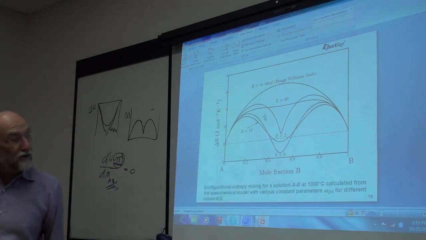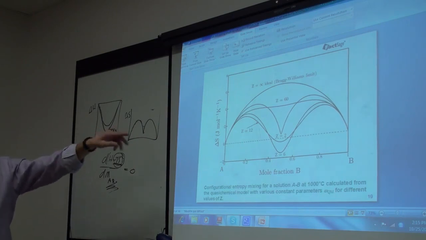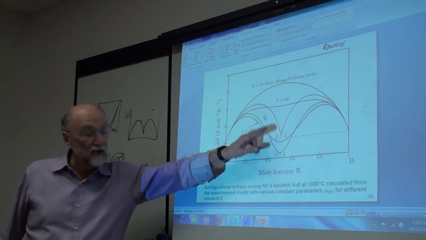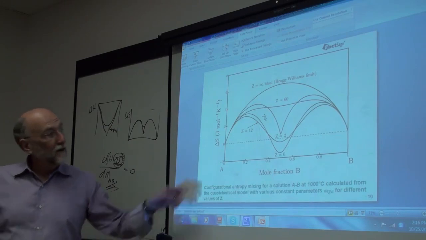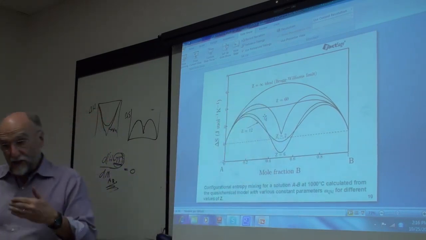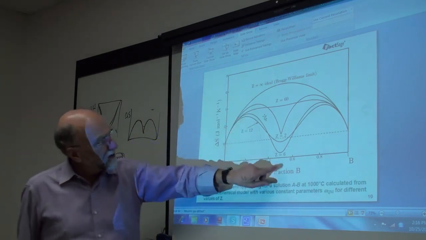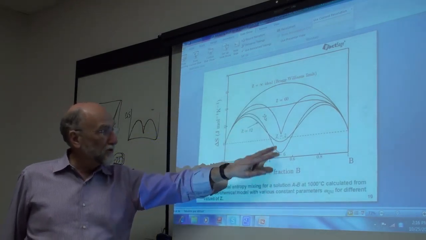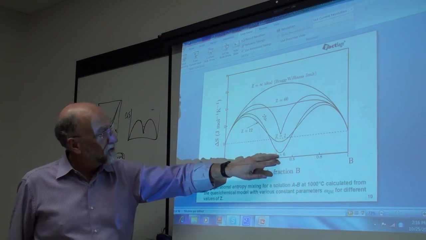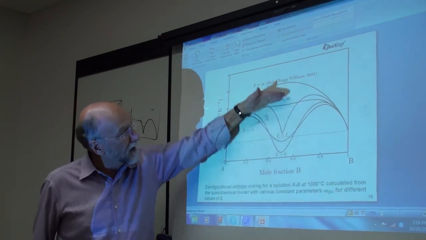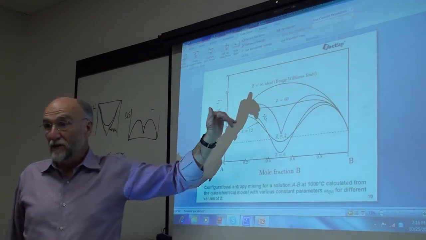For many of our alloy systems, which have less negative deviations, we tended to use Z to be 6 or Z to be 12, which gives you a less sharp, nicer fit in terms of H and S, but does tend to have a problem. But the alloys, of course, are rarely so negative anyway, so even with Z as 2, they're higher up. They're not that far from the ideal limit.